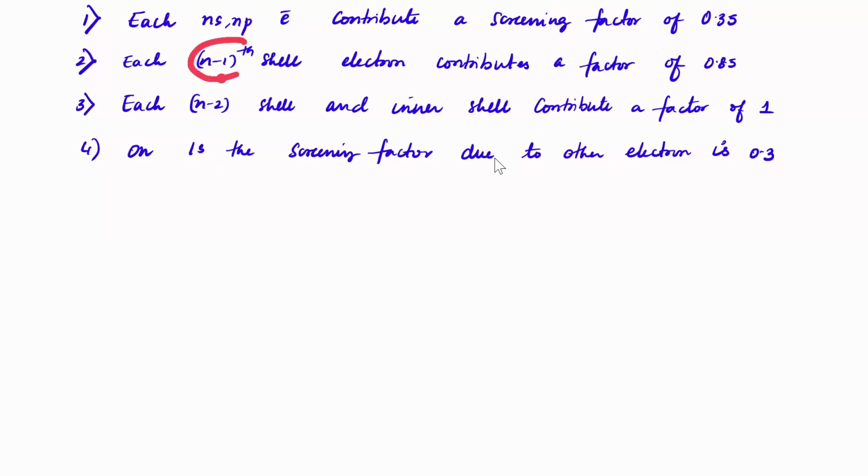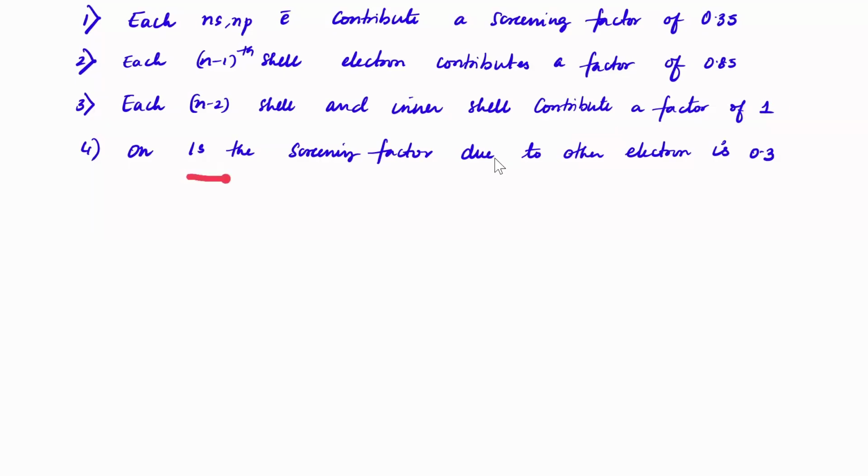If you have the n minus 1 shell, which is the slightly inner shell, those electrons will contribute more. The electrons present in the inner shell will contribute a factor of 0.85 units of repulsion. And if you go towards n minus 2, n minus 3, n minus 4, and so on, all the inner shells will contribute a factor of 1.